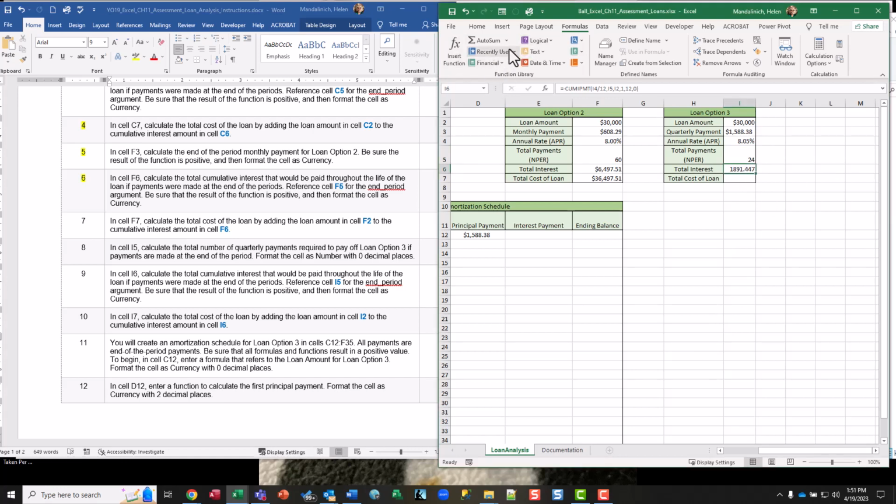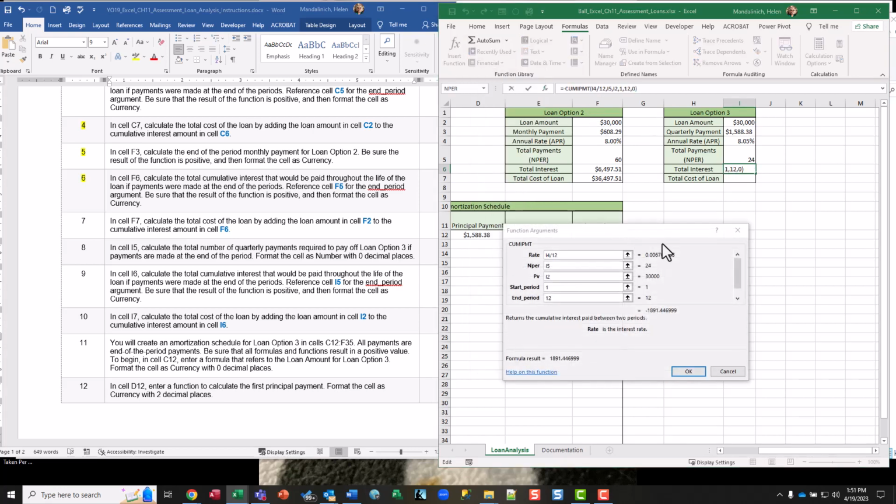So let's do financial. No, let's just do insert. Let's see what's going on. I4, so cumulative interest payment. Okay. And we got the negative in front of it. I4 divided by 4, I5, present value is I2, 1.